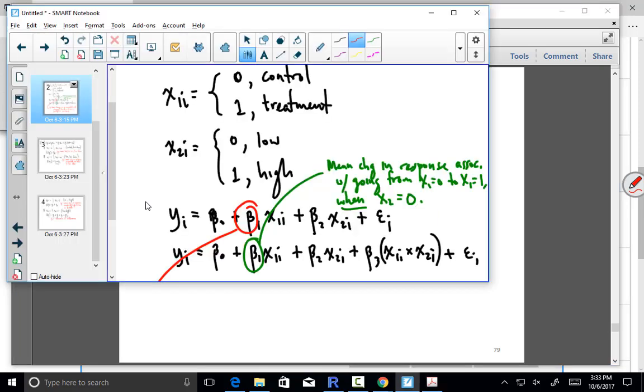One thing I want you to see is that ANOVA and linear regression are actually the same thing. This problem right here is an ANOVA problem, but I wrote it as a regression problem. You can always do that. ANOVA is just regression and vice versa.